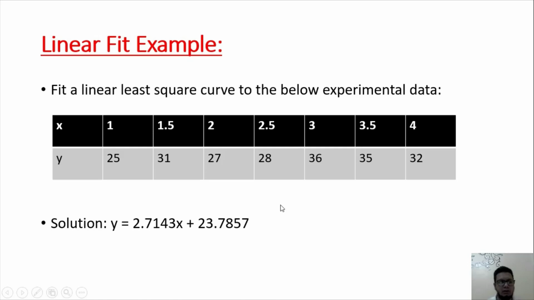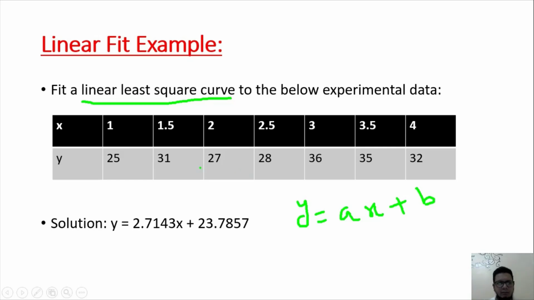So you want to fit a linear curve to this experimental data. Normally the simplest linear curve is of the form y is equal to ax plus b, where y is your dependent variable and x is your independent variable.